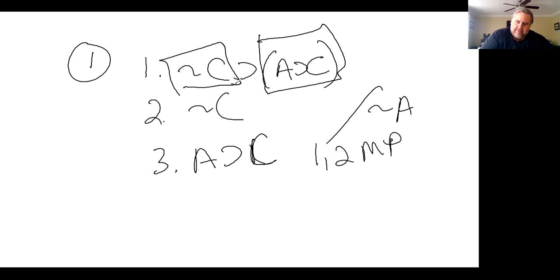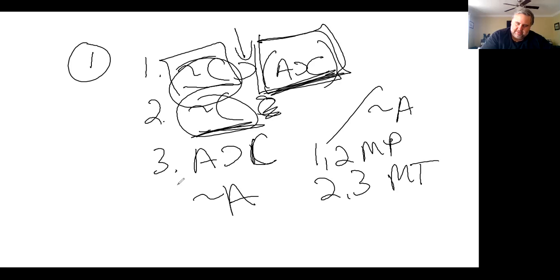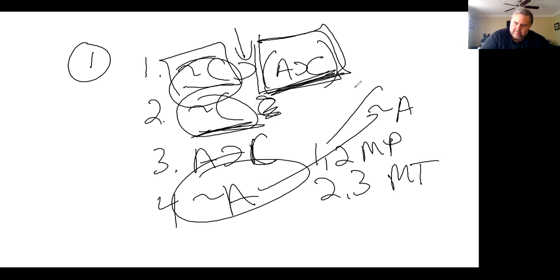You're taking this whole thing has to be here in order to give us this whole thing. You can't just bring down one part of this. You have to bring down everything after the horseshoe, and the main operator has to be the horseshoe to do a modus ponens. If this had said just the letter C, you couldn't do a modus ponens. It has to be the entire thing, tilde C. And so then you can bring down A horseshoe C. You still have tilde C here. You can use that premise again to get tilde A via 2-3 modus tollens. And we now match.